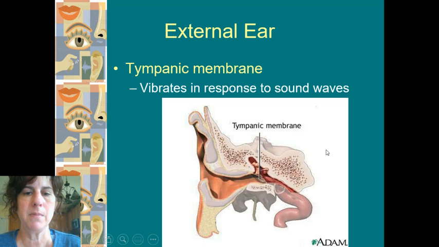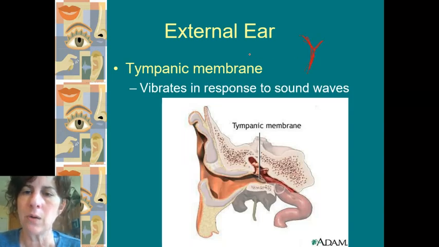The tympanic membrane is commonly called the eardrum, right? And we know that from ear infections in children and stuff like that. It has to vibrate, and the tympanic membrane has pressure. It is like a membrane of tissue that has this shape to it. But its job is to pick up the sound waves. So I've got sound waves moving in this way.